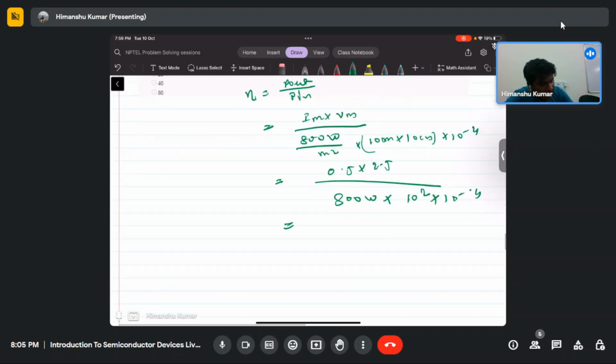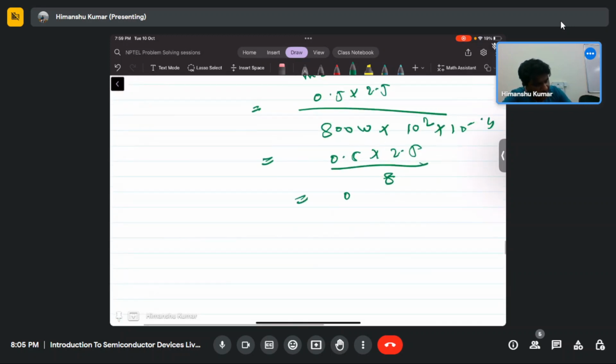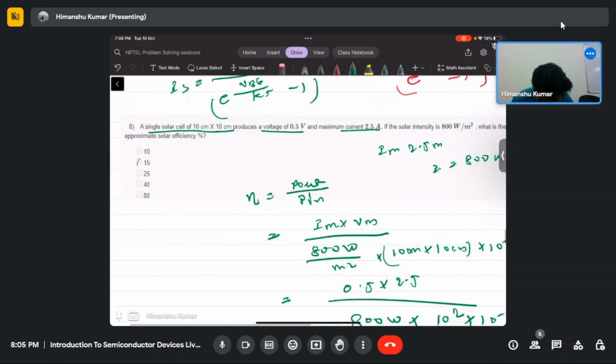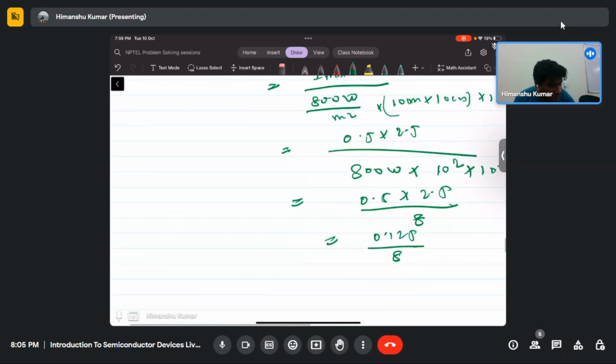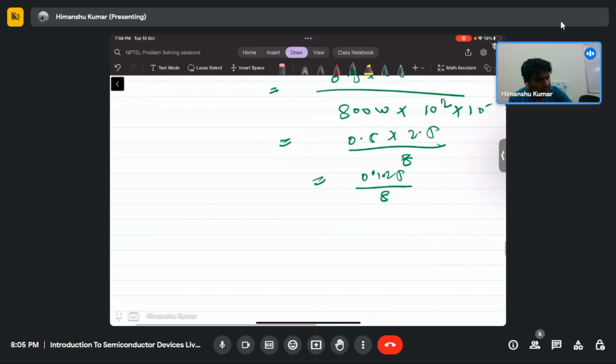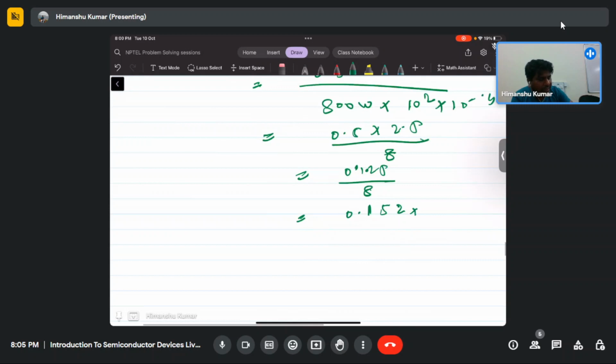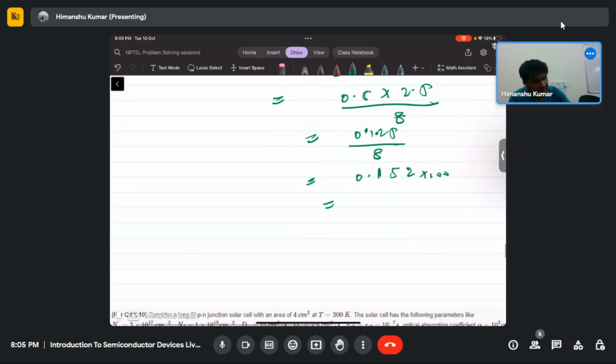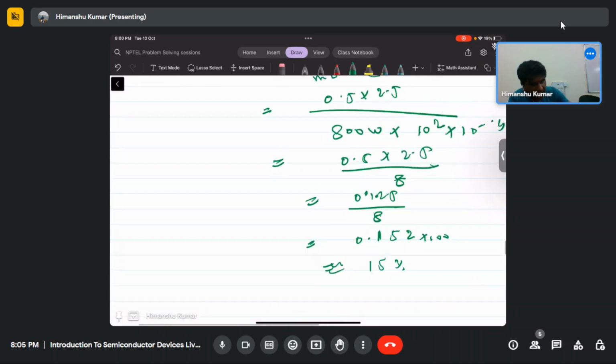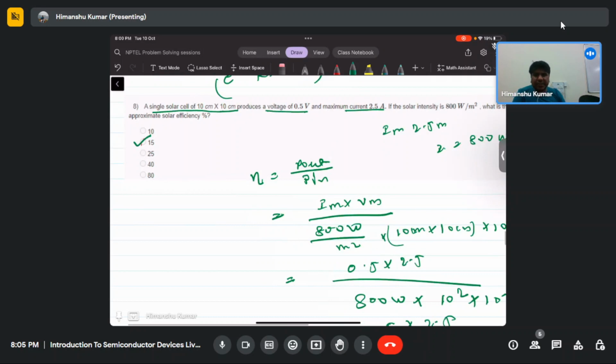Now this 10 power 2 and this will get cancelled, so 0.5 multiplied by 2.5 divided by 8 becomes 1.25 divided by 8, which is 0.15 something. Multiplying by 100 gives the efficiency in percentage, which comes around 15%. Is that clear? Yeah.